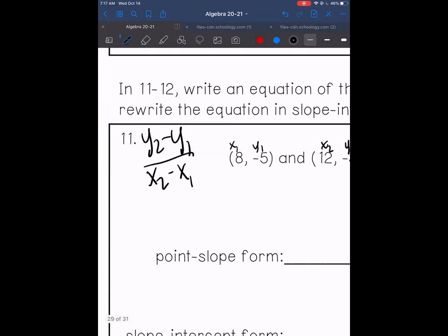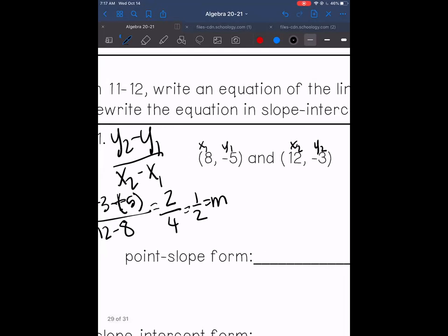Y2 is -3 minus a -5 over my x2, which is 12 minus 8, or x1, equals, okay, so -3 plus 5 would be +2, as in, because the positive is more, 5 minus 3 is 2, keep the bigger sign. 12 minus 8 is 4. So my m, I'm going to simplify that, but I'm going to keep it in a fraction. So this is my m.